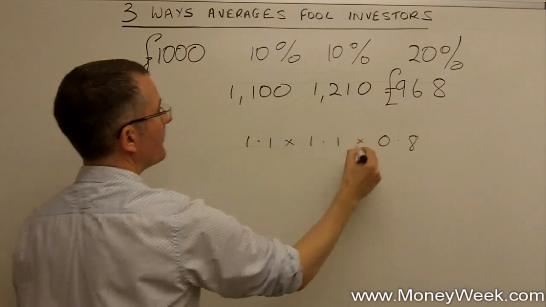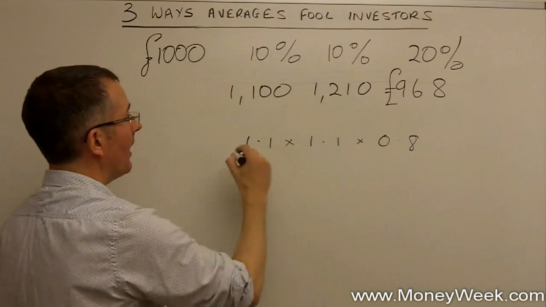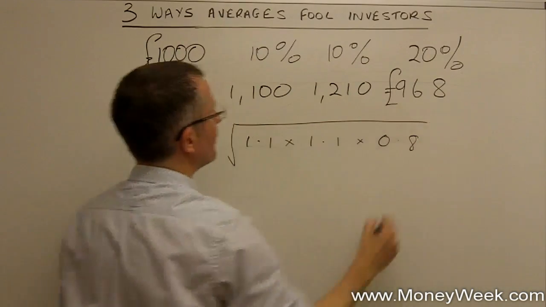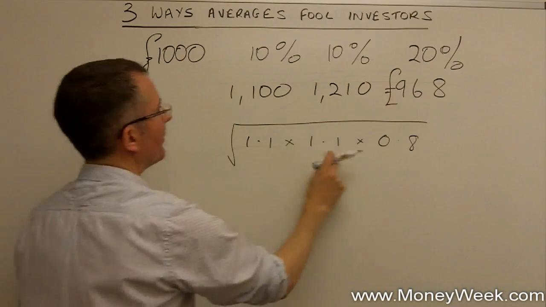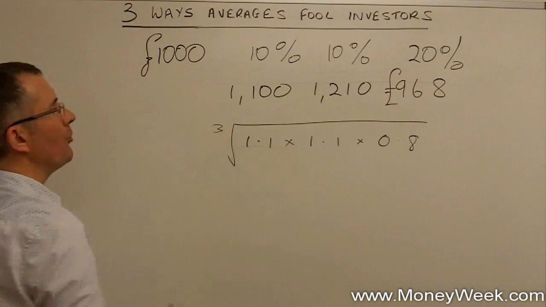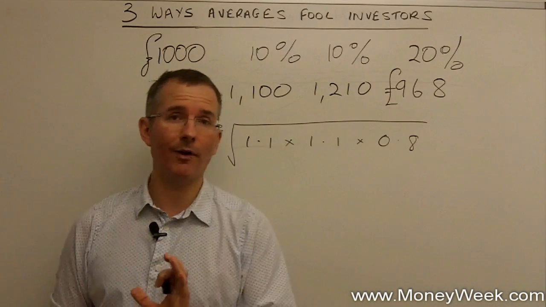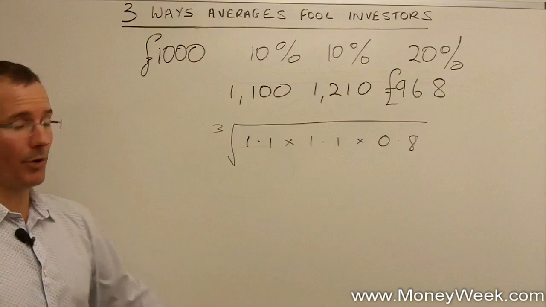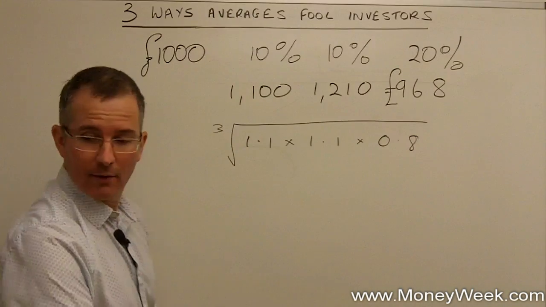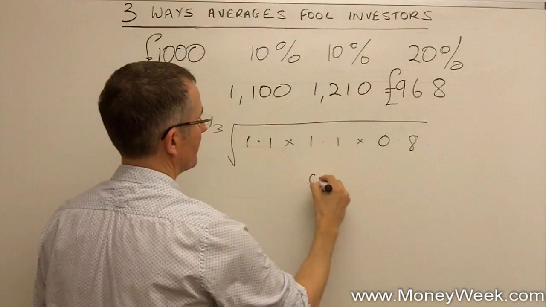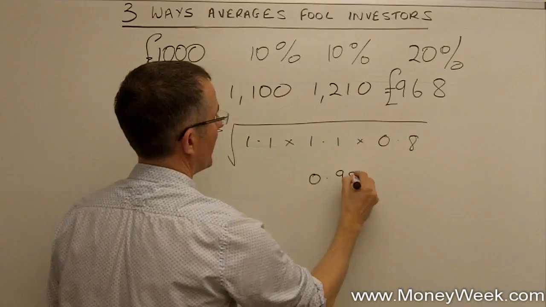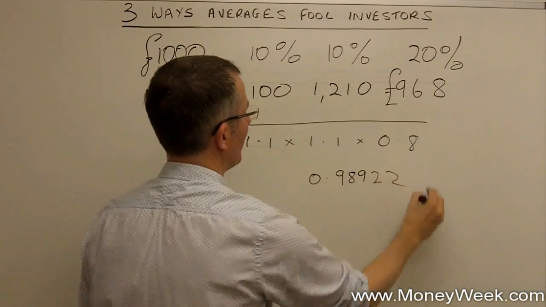Multiply those through, this sounds horrific, and then take the relevant root, 3 items in the data, so take the cube root. So 1.1 times 1.1 times 0.8, I'm going to go quickly because not everyone likes maths, take the cube root, and you end up with 0.98922.